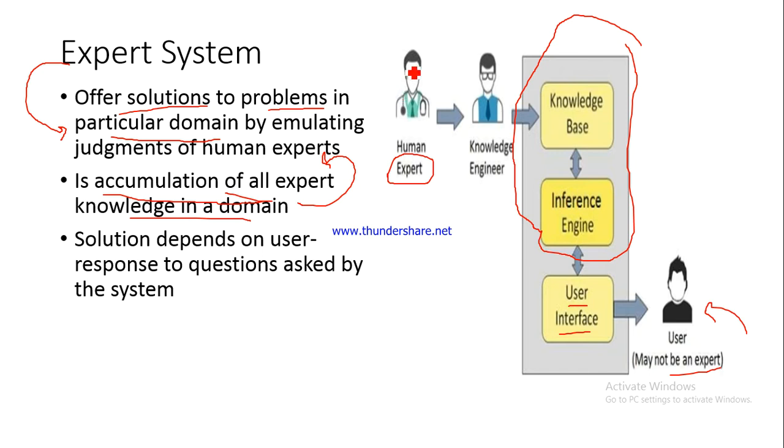So this knowledge engineer will collect the expertise of all these experts, and this expertise would then be fed into the knowledge base. Now this knowledge base is made by the knowledge engineer, and it contains the expertise of all such human experts, not just one. So the knowledge engineer would be talking to a number of human experts in the particular domain in which you are designing the expert system.